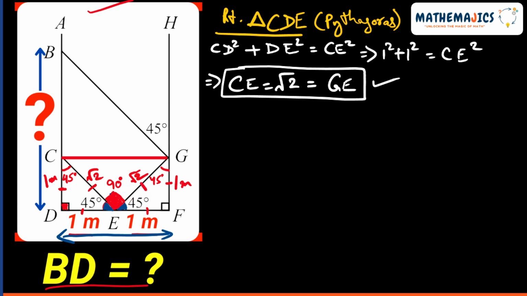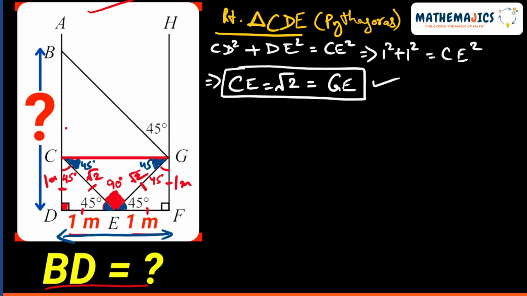Now, in this isosceles triangle, if this is 90 degree, this angle and this angle will turn out to be 45 degree. Yes, both the angles will be 45 degree each. Now, as we have drawn CG, you can clearly see that CG and DF are parallel to each other. Point C and G are at equal height from point D and F. Right?